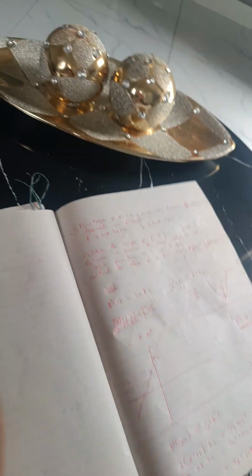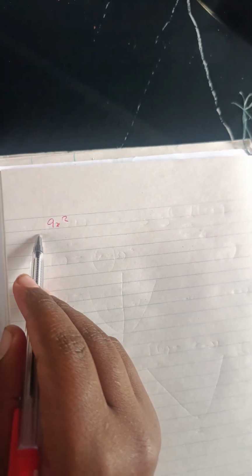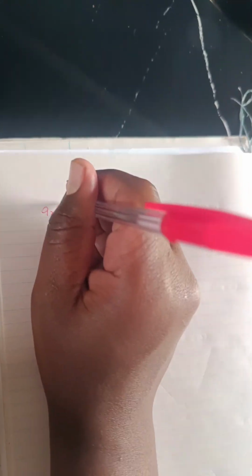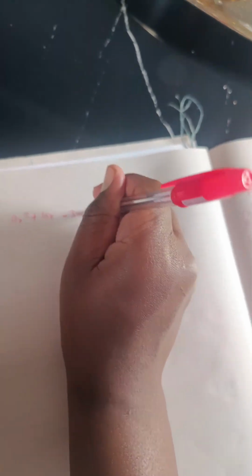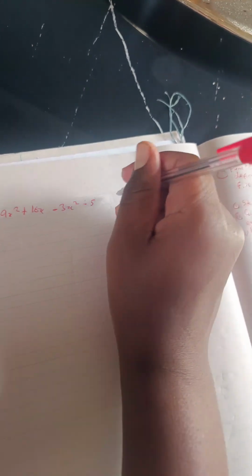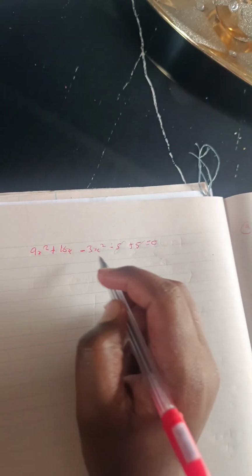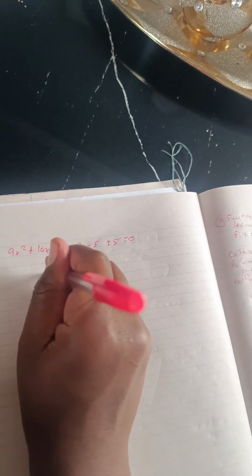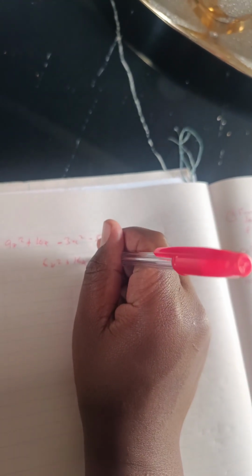Then you collect the like terms, so it will be 9x squared minus 3x squared, minus 5 plus 5, is equal to 0. So this one is 0. So the answer is 6x squared plus 12x. Is it 16x, right? Yeah, it's 12.